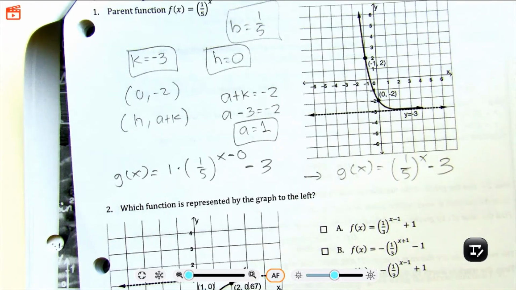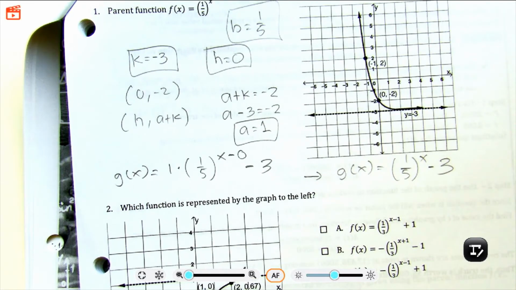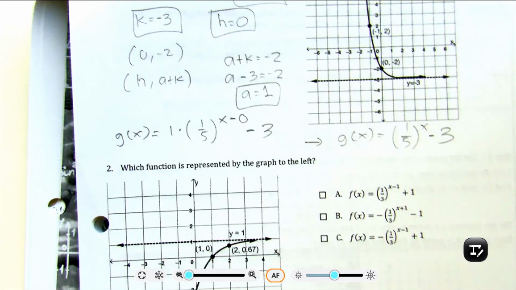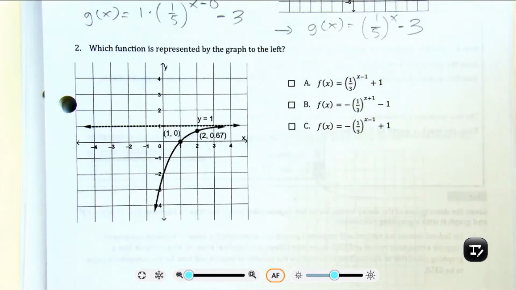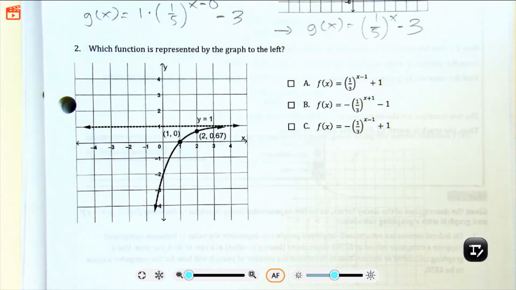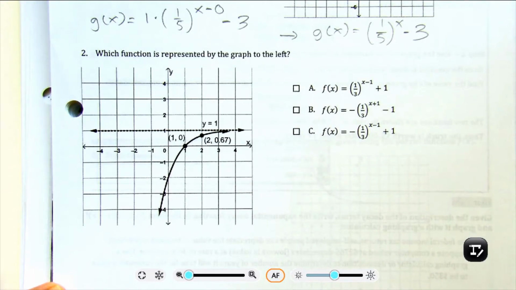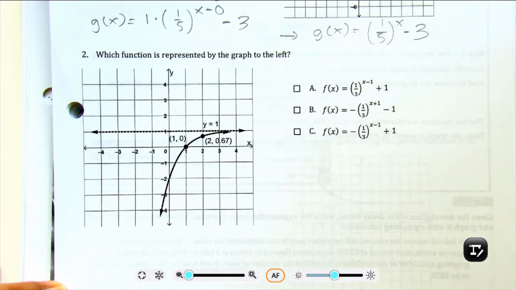Okay, next, let's look at the graph for number 2. Now we have to choose A, B, or C, which equation goes with the graph. And again, we want to start with k. So in this example, k is equal to 1 because the horizontal asymptote is y equals 1.